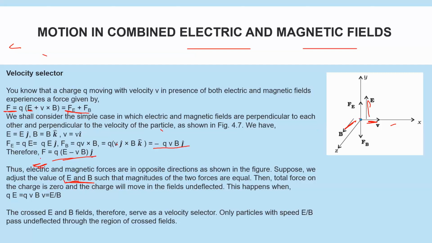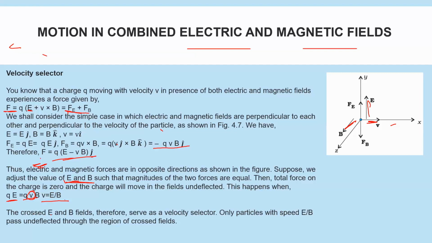Okay, so there will be no deflection, and this will happen when the two forces are equal. Then we can find the velocity in the situation where you have equal electric and magnetic forces. So v becomes the ratio of the electric field and the magnetic field, v = E/B.